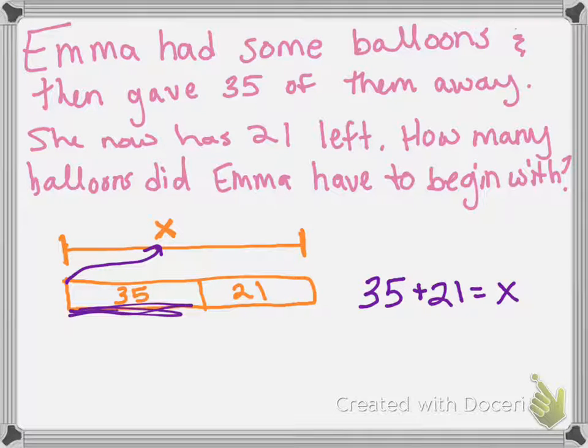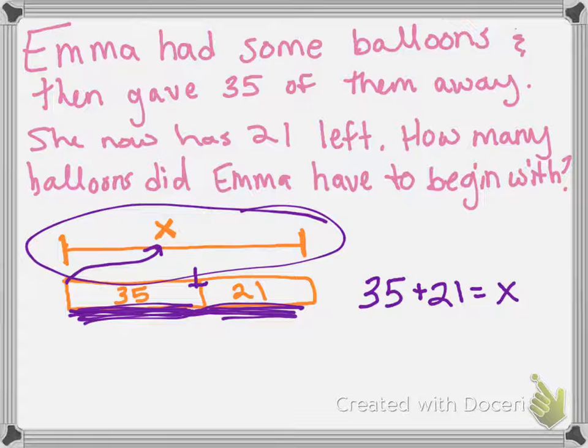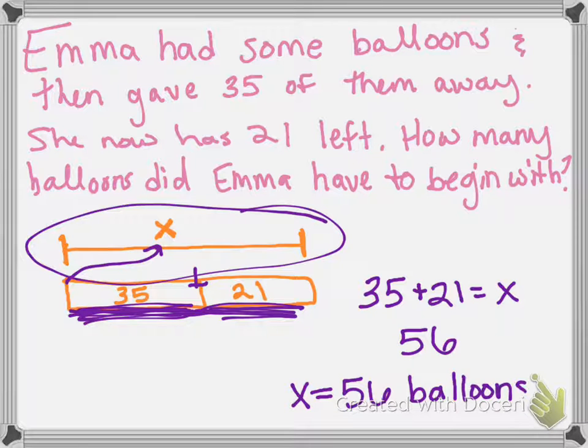You're saying that these 35 balloons that were given away and the 21 that she still has, when we add those up, it's going to equal the whole. So 35 plus 21 would be 56. So when you write both answers, no matter what, you tell me that X equals 56 balloons. Make sure you do not forget that label. But you're saying X equals 56 because remember, if I plug the 56 in for the X, they're the same thing.